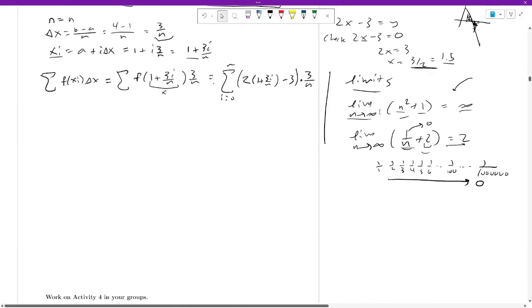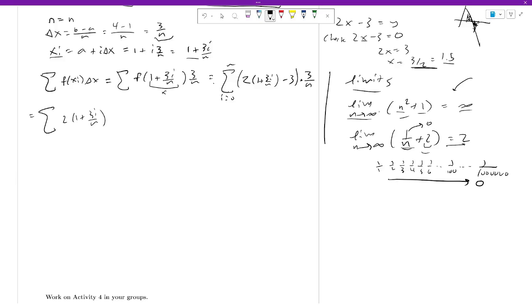Okay, so let's start breaking this apart. First of all, we can distribute this 3 over n inside. And I want to do that because it's going to make it 2 terms and just a little bit easier to work with. So I have 2 times 1 plus 3i over n, distributing in the 3 over n.